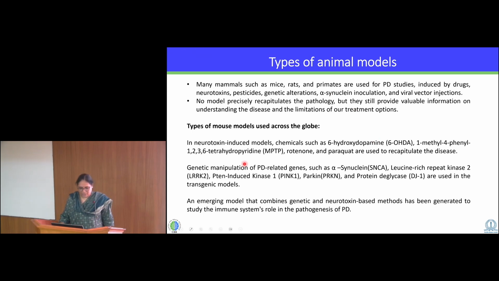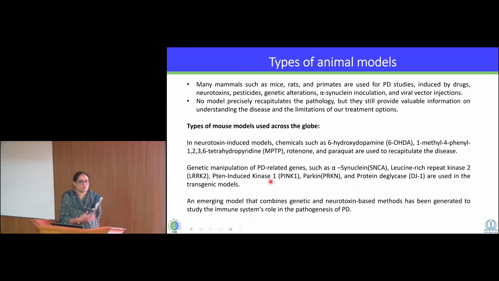If you look at different types of mouse models across the globe, we have chemicals like 6-OHDA, MPTP, rotenone, and paraquat, which are used to replicate the disease. And we have genetic manipulation models of alpha-synuclein, LRRK2, PINK1, Parkin, and DJ1, which are used as transgenic models.